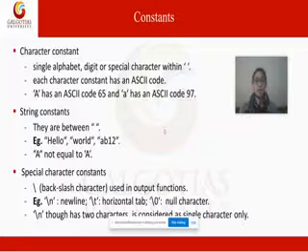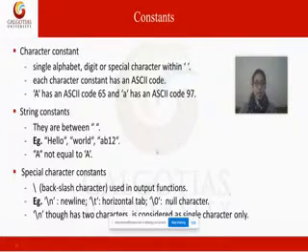Because the first one, the capital A in double quotes, is a string constant, whereas the second one is a character constant. If I want to check the equality of these two, no, they are not going to be equal. Why? Because one is a string constant, the other is a character constant, and character constants are represented by their ASCII codes, whereas string constants are not represented by ASCII codes.